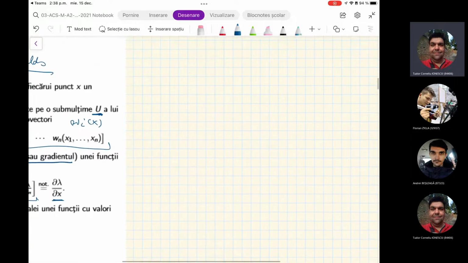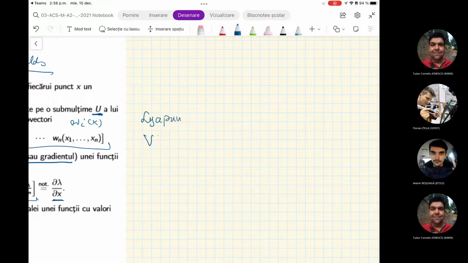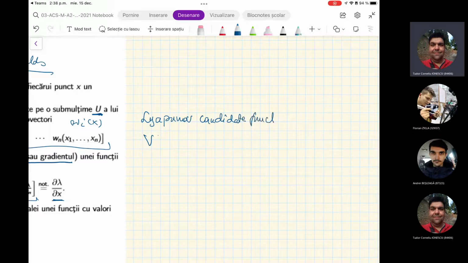And the notation we usually have is this one. If you remember, we had the Lyapunov candidate function V(x), positive definite, V(0) is 0.